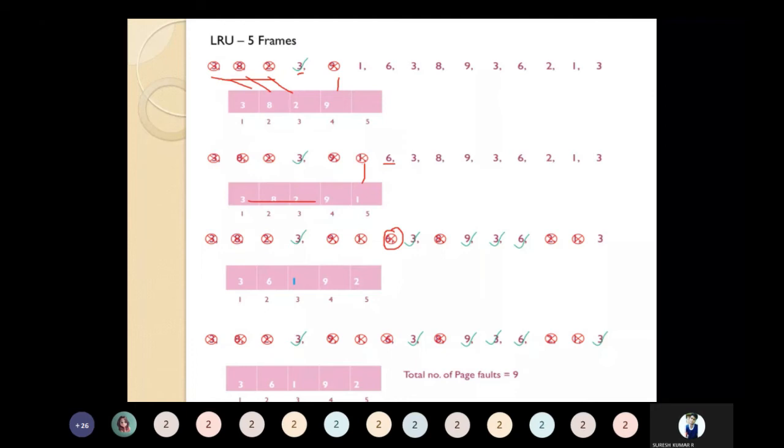So now something needs to be replaced. Here the algorithm is least recently used, that is, the page not used for the longest time. 1 and 9 were only just inserted, and 3 was already used again.